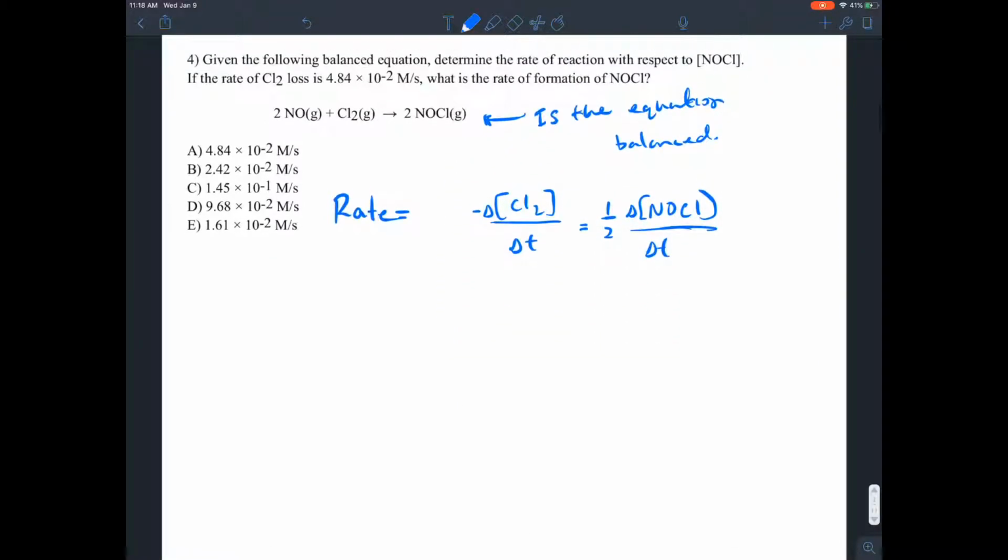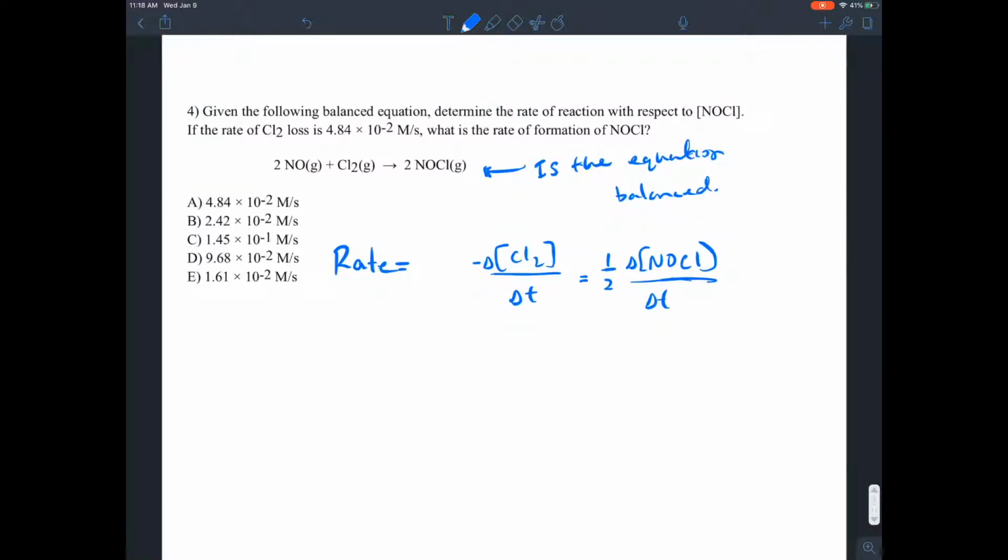Great. So like before, in the previous problem, we're solving for the rate of formation of a product over here on the right side. So what we're going to do is isolate just the delta part of this equation here by multiplying by 2/1, the reciprocal, on this side.